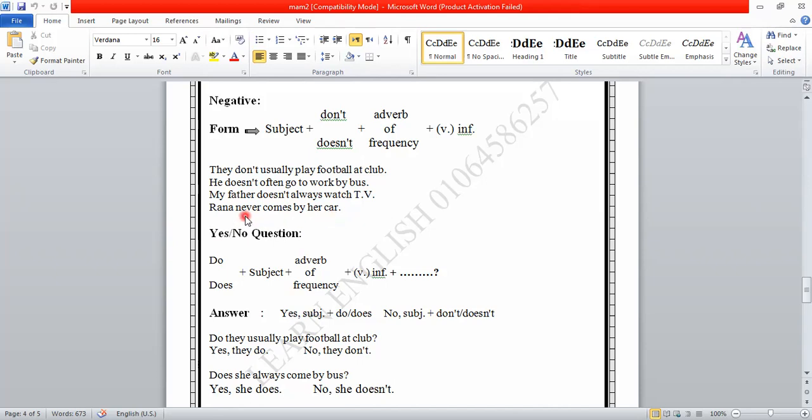So when we put never, the verb will come in its form. We will not change it to the infinitive one. Like this, Rana never comes, because never equals don't or doesn't. So we can't use don't or doesn't with never.